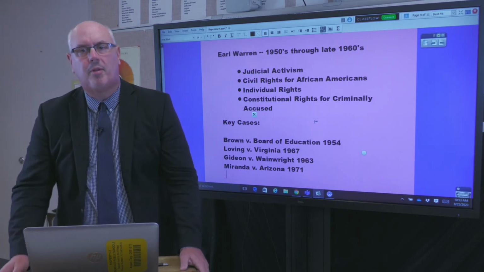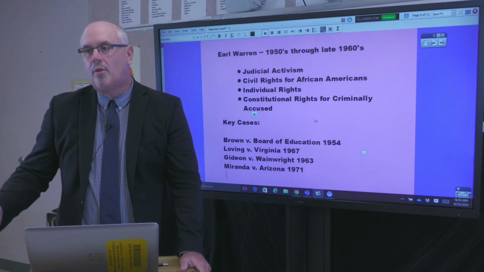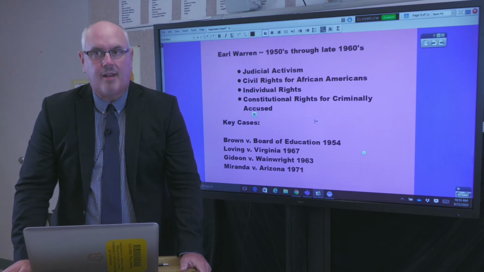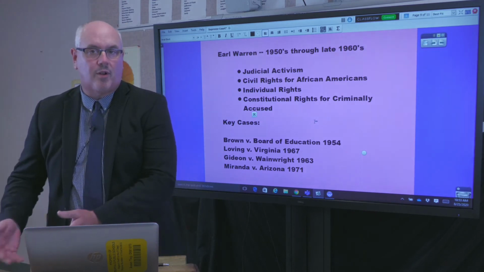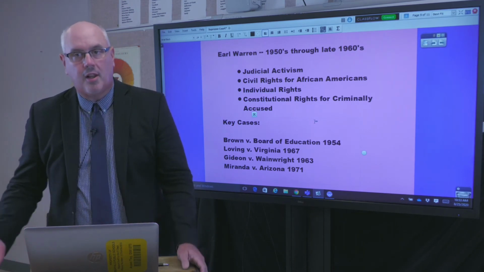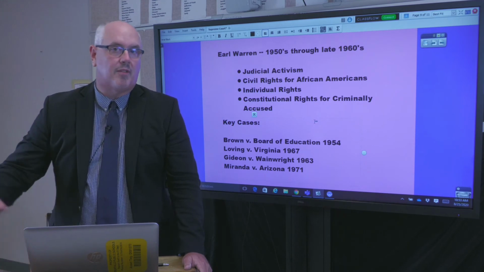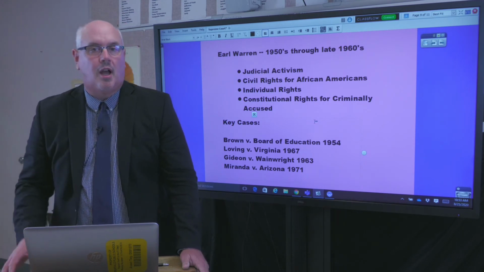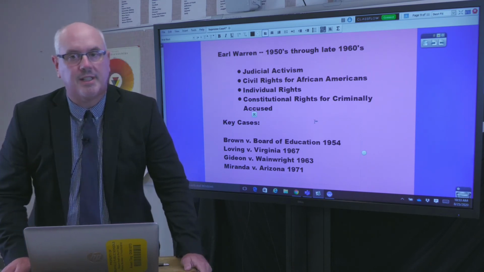We have the Homer Plessy case, 1896, Plessy versus Ferguson. In that case, the Supreme Court had taken a narrow interpretation and had ruled that there was no violation of 14th Amendment equality under the law, because if the state of Louisiana could prove that the facilities were equal, then they upheld the legality of the Louisiana law.